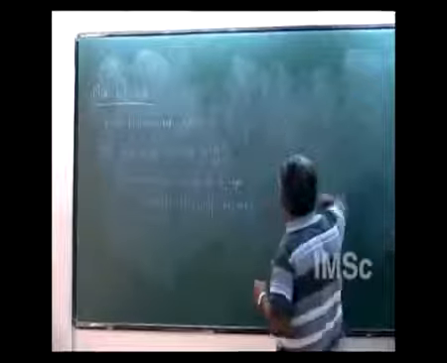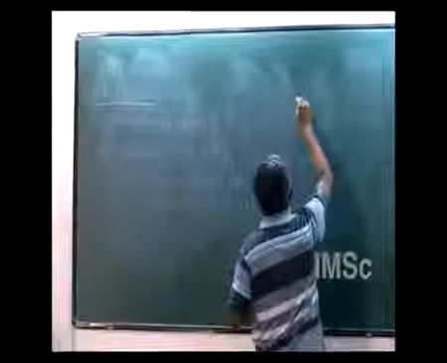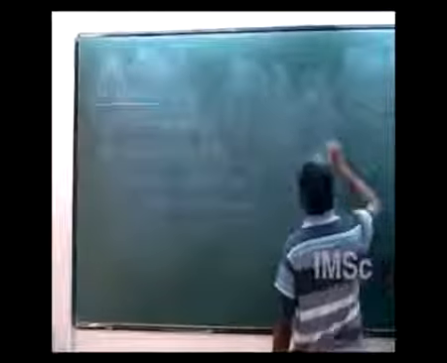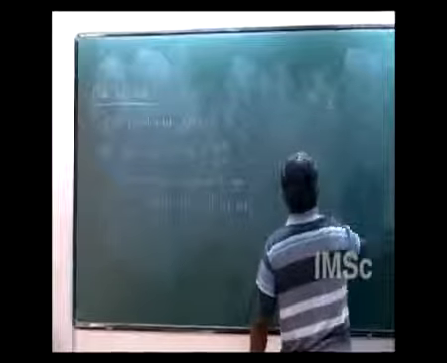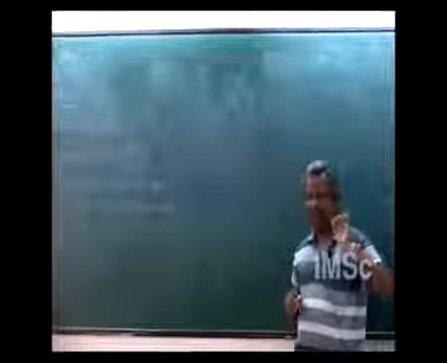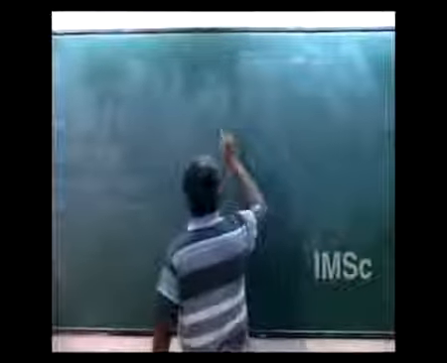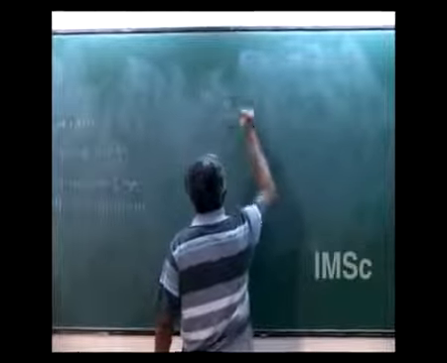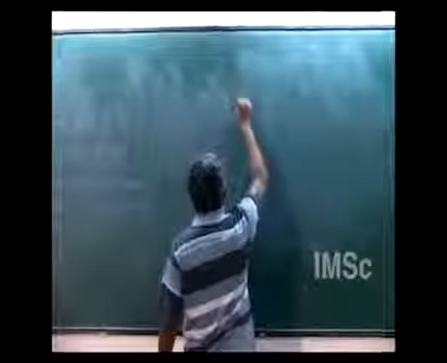So let's attempt one such formulation. We are looking at a minimization problem: minimize the number of edges that go across the cut. Which means you will try to identify some 0,1 variable with every edge. So for every edge in the graph, you have z_e.